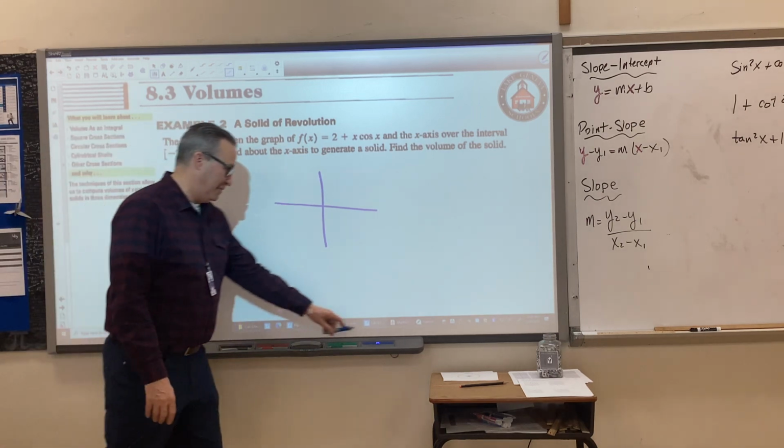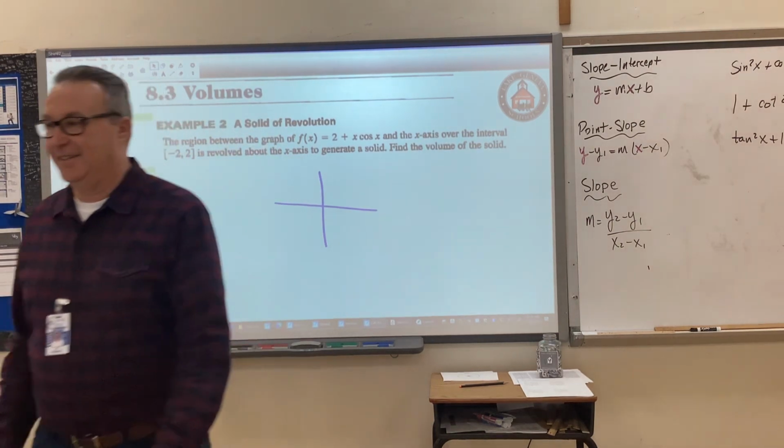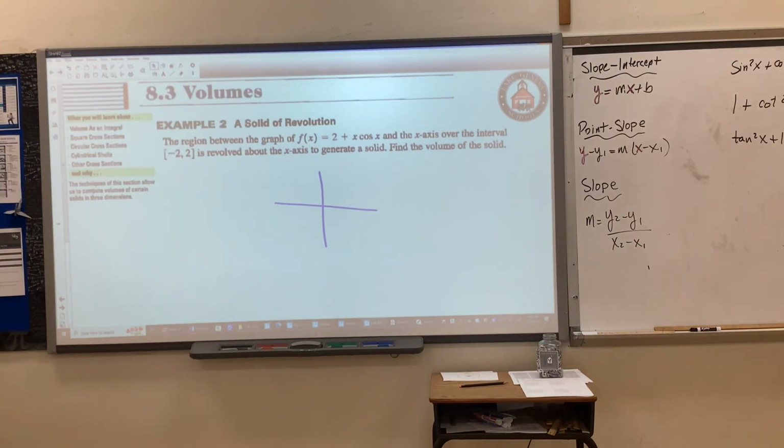Let's just graph it and see what it looks like. It looks like cosine, but the amplitude changes, it keeps getting bigger. Let's see what it looks like in the graphing calculator.